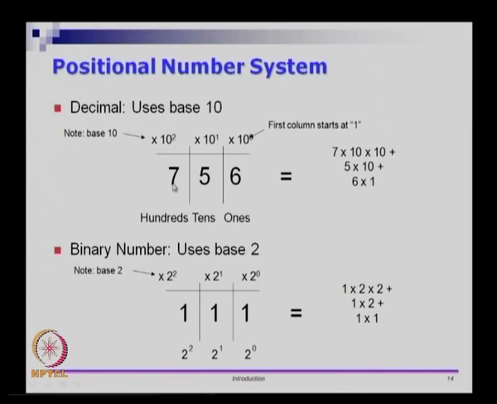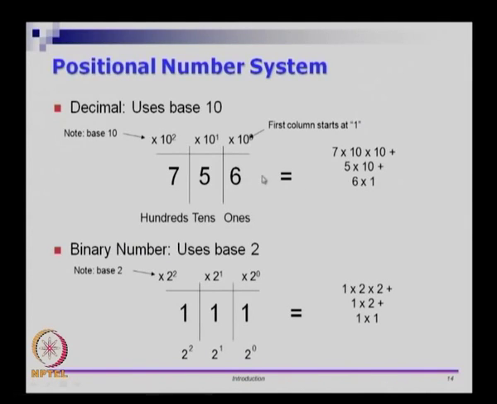So if I actually want the value 756, it is equivalent to 7 into 10 into 10 plus 5 into 10 plus 6 into 1. So that is what gives me 756. So this is a system where we have used 10 as the base. So the base is 10, which means the weights that we are using are all increasing powers of 10, starting with 10 power 0, going to 10 power 1, 10 power 2 and so on.